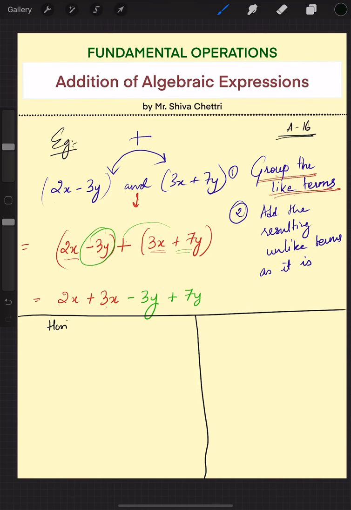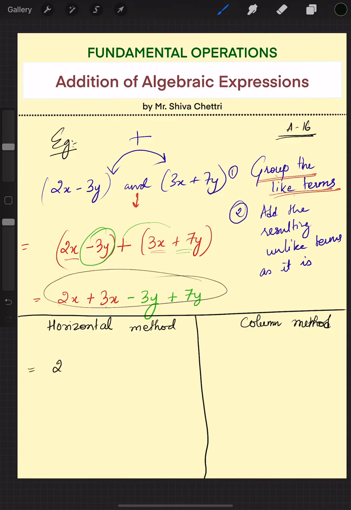This is the horizontal method, and this is the column method.